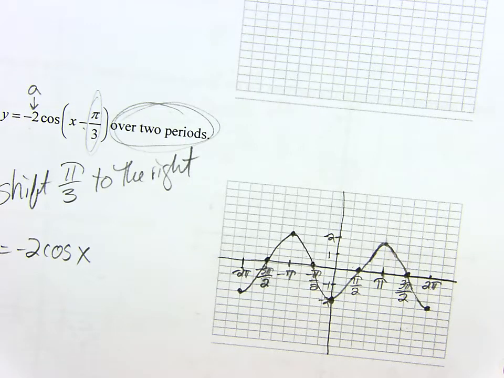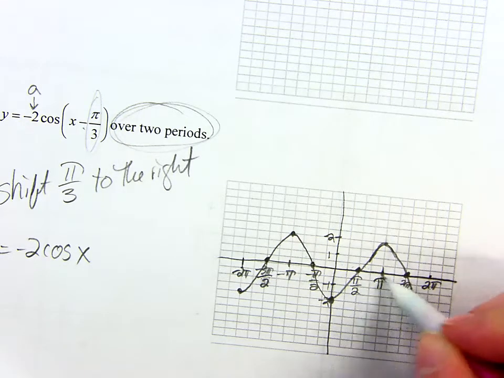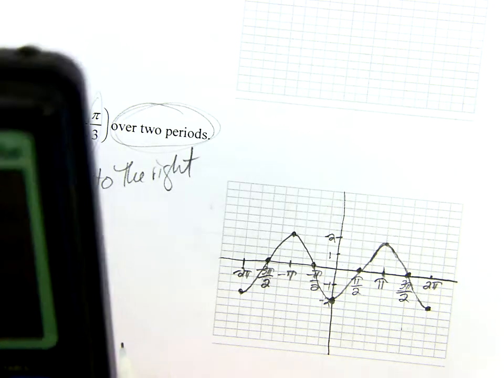Your other option, ladies and gentlemen, remember that pi is just a number, 3.14. You could literally just do it in numbers. If I'm converting these to numbers, 2 pi is 2 times 3.14, 6.28.